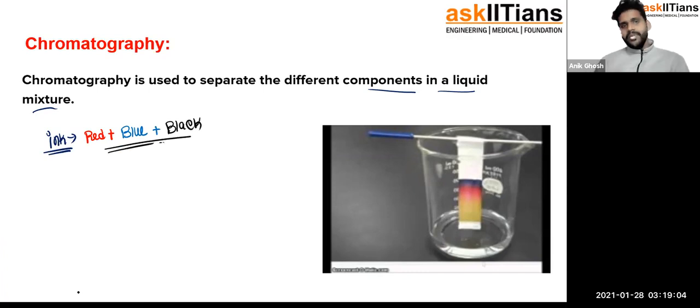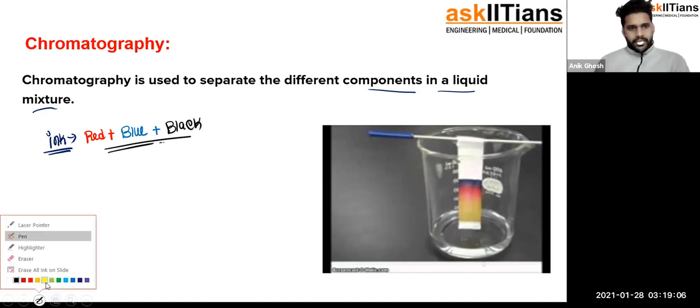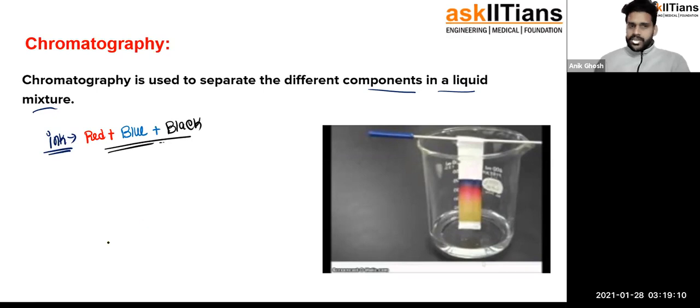Let's just consider I have a mixture of these. Now what I'm doing is I'm putting all of them in a beaker together.